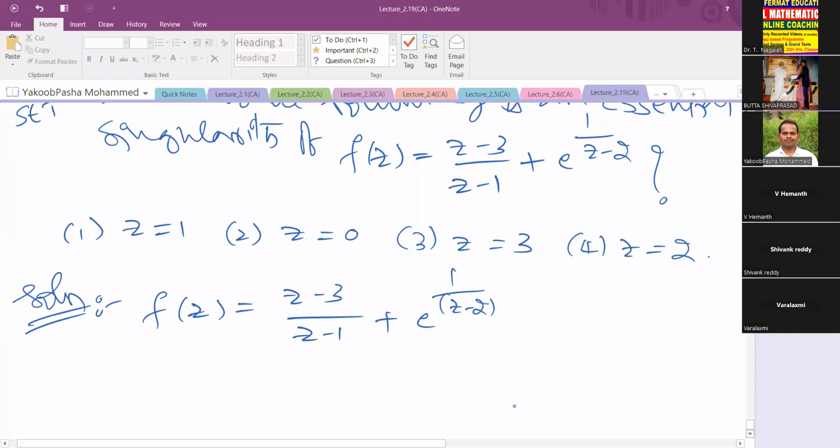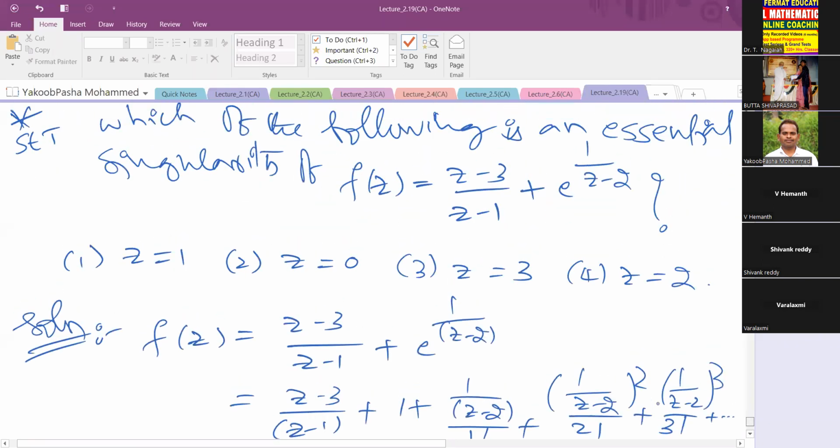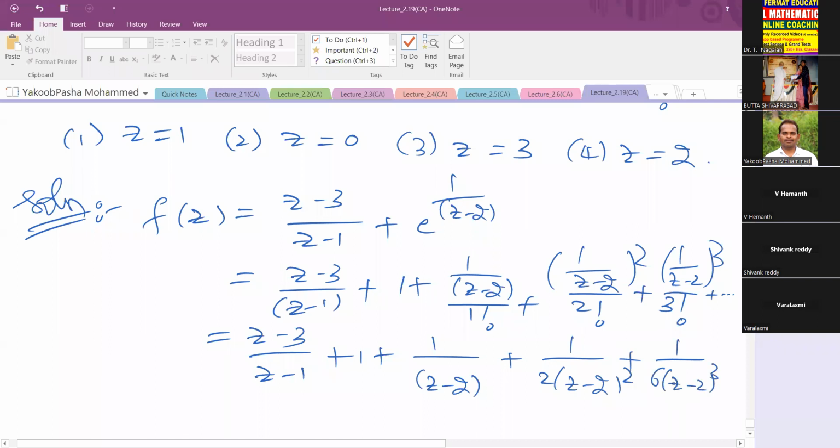Now I am expanding e to the power of 1 by (z minus 2): 1 plus 1 by (z minus 2) by 1 factorial, plus 1 by (z minus 2) whole square by 2 factorial, plus 1 by (z minus 2) whole cube by 3 factorial, and so on. So we can write (z minus 3) by (z minus 1) plus 1 plus 1 by (z minus 2) plus 1 by 2 into (z minus 2) whole square plus 1 by 6 into (z minus 2) whole cube, and so on.